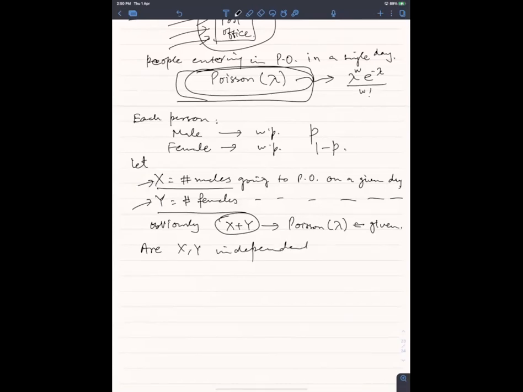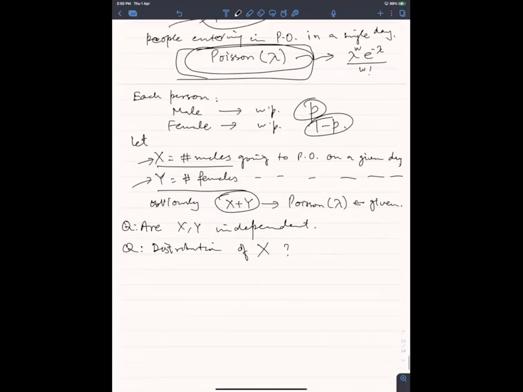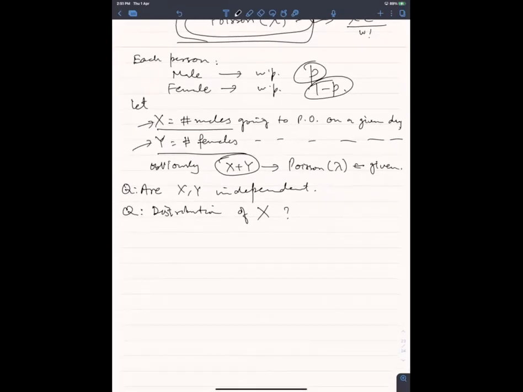That's one question we want to ask. The second question is the distribution of x, its PMF. If we know x, then y will obviously be of the same kind, just with p replaced by 1 minus p. There is nothing special about male or female. If the distribution of one is known, we automatically know the other.